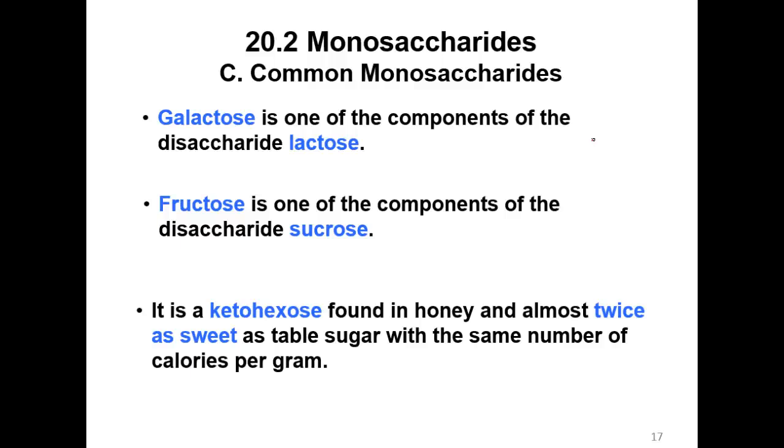It is a ketohexose found in honey and almost twice as sweet as table sugar with the same number of calories per gram. So honey is composed of a ketohexose. It's not quite sucrose. There's a bunch of stuff in it, and it's very interesting. It's twice as sweet, but about the same number of calories. So you can technically use half the amount of honey.